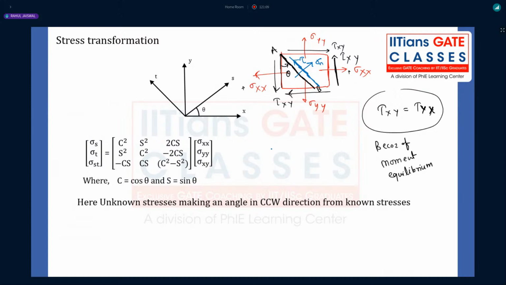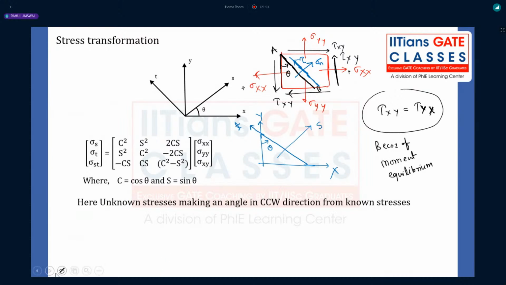But for this plane, my dear friend, let's suppose this plane is here like this. Now, what are the axes passing through this plane? Earlier the axes were x and y like this, or let me write them with capital letters X and Y. Now, when you rotate this body in the anti-clockwise direction by theta, what is going to happen? The x-axis will become S, and the y-axis will become T, for example.